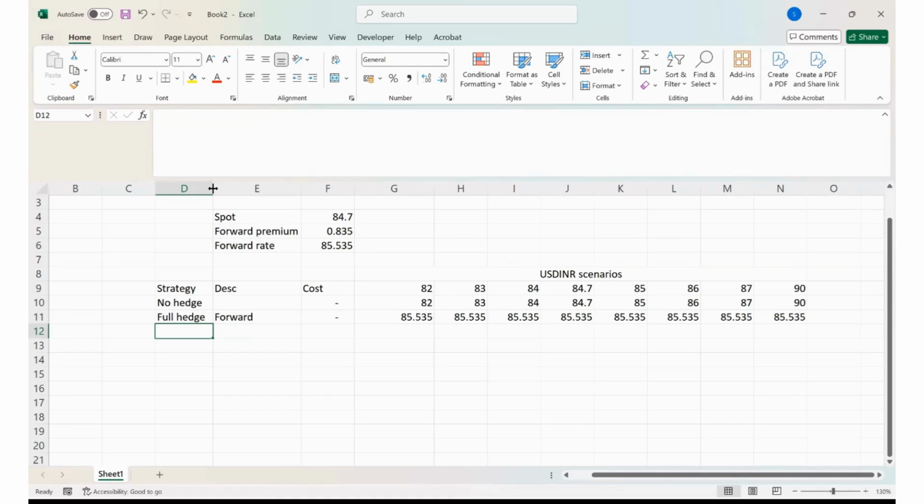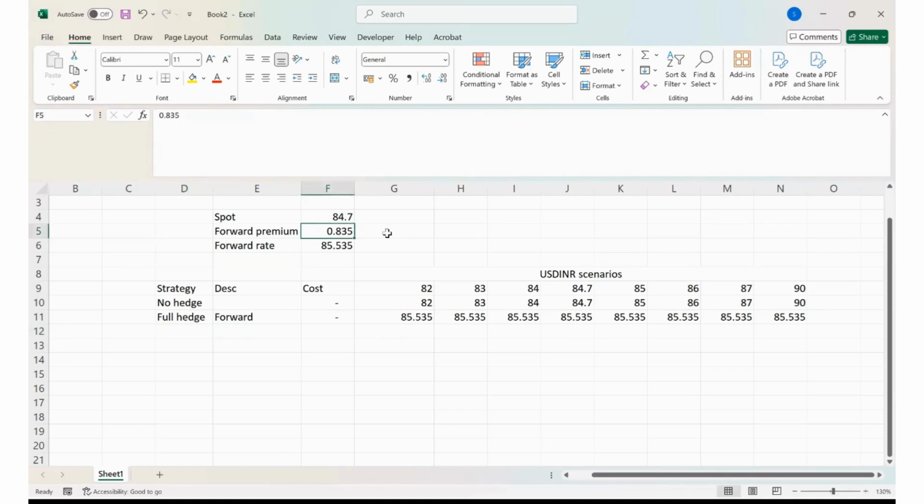But more than this aspect, the very reason you are doing a forward, even if you are allowed to do options or any other structure, or even keep the hedge open, is that you expect the rupee to depreciate to some extent. Therefore, a forward can be thought of as simply buying at 84.70 spot, but to be able to buy at 84.70, the market is asking you a cost of 83 paisa extra premium.